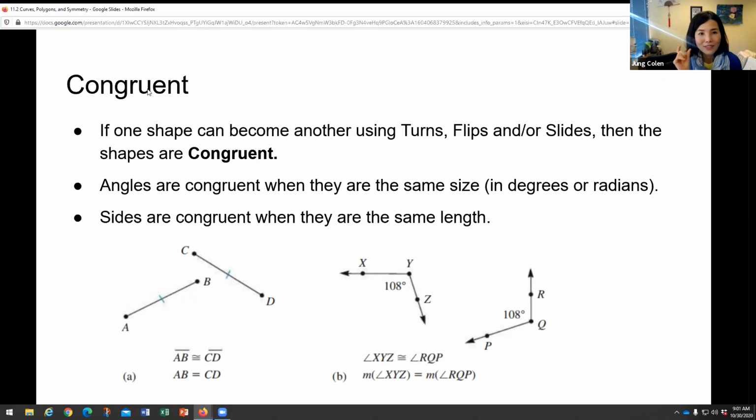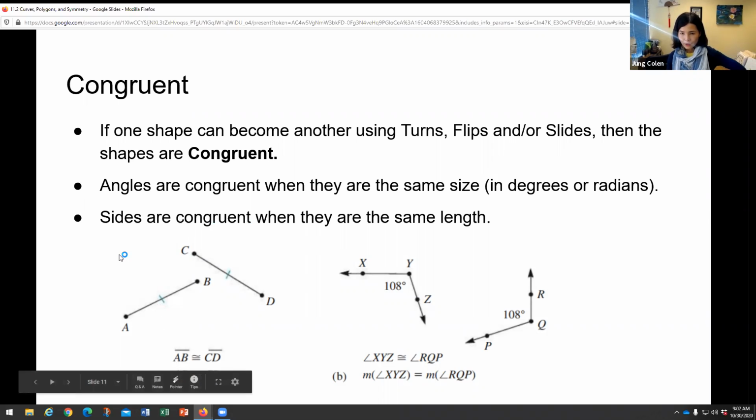The size should be the same, and the shape should be the same. When we are talking about size, we are not only talking about the length, but also the angle measurement, right? So remember that.